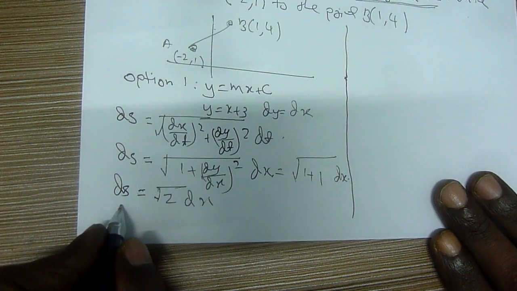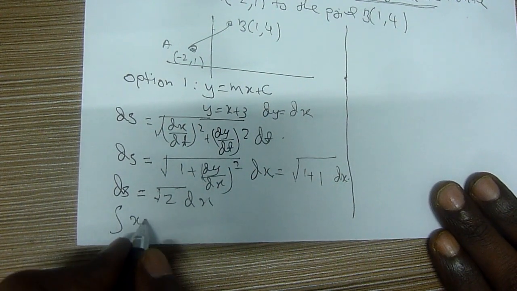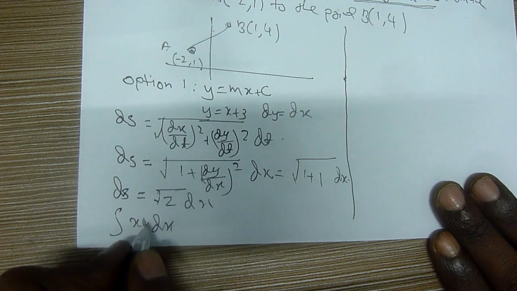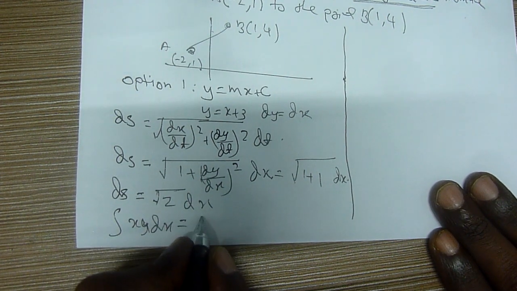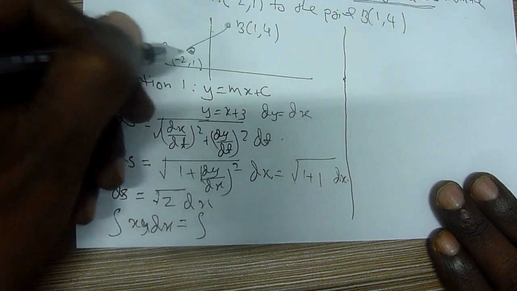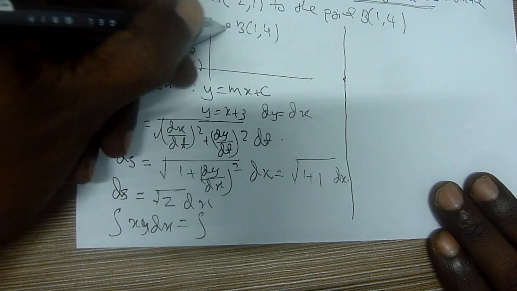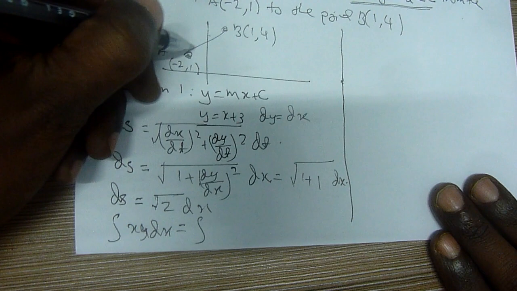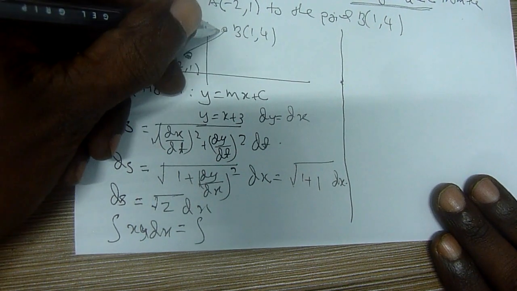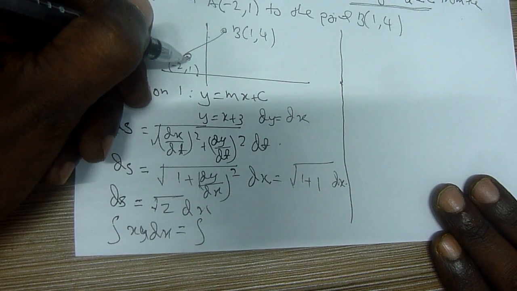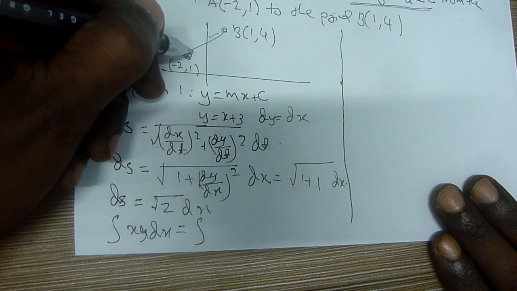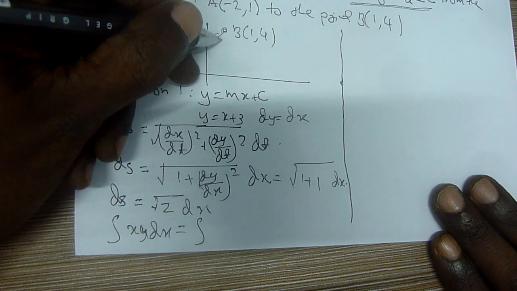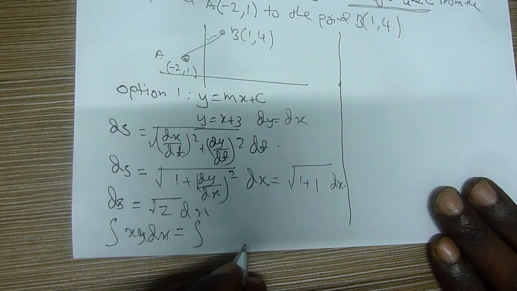Therefore the integral of xy ds can be calculated based on what range we are using here. One thing you can notice is that there is no direction. We are not bothered about the direction here, but you use the range from low to higher.